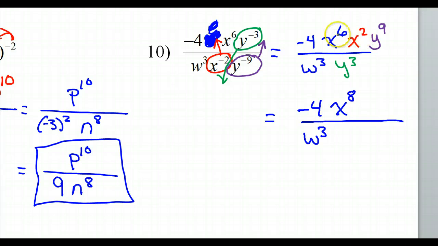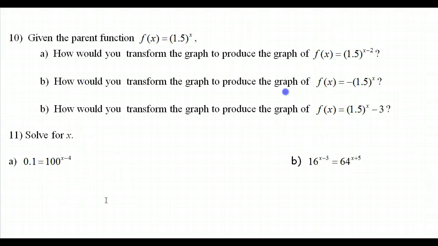This is the case where you add when the variable appears twice. And the Y's, I have 9 Y's in the top and 3 Y's in the bottom. So the 3 Y's in the bottom are going to cancel out 3 of the Y's in the top. That's going to leave 6 Y's in the top. So this will be the final answer for number 10.